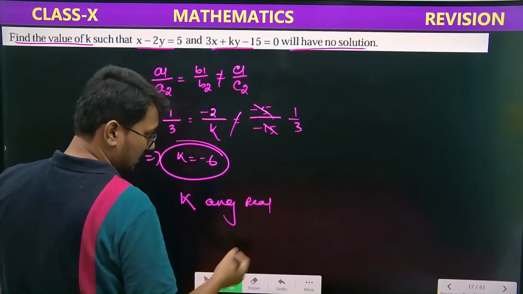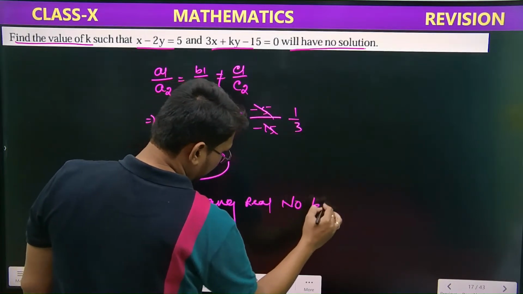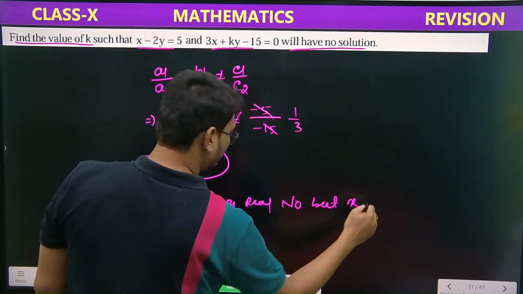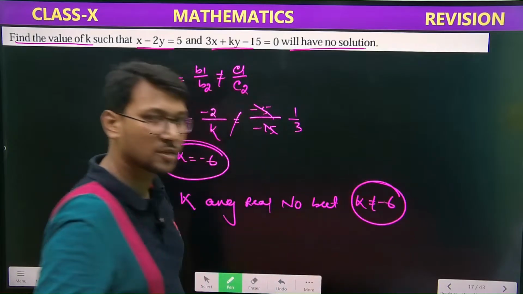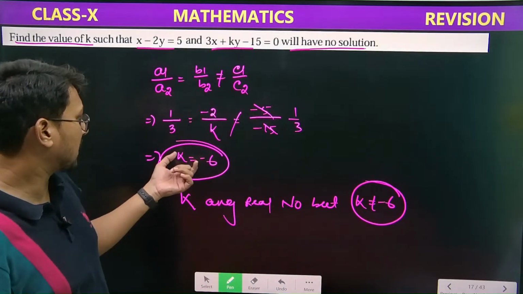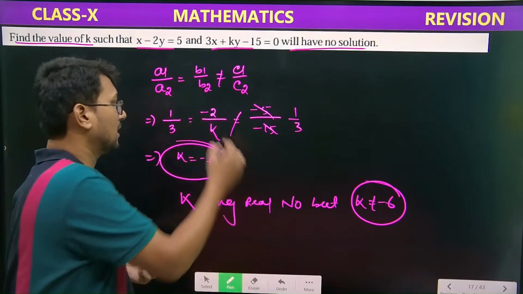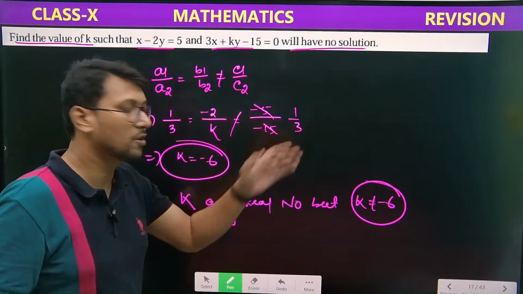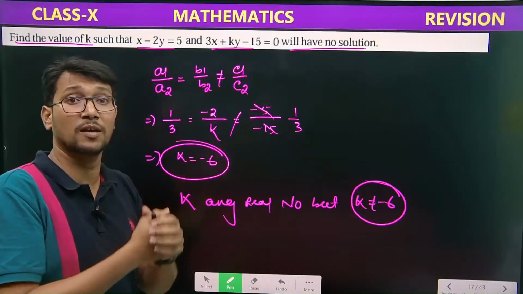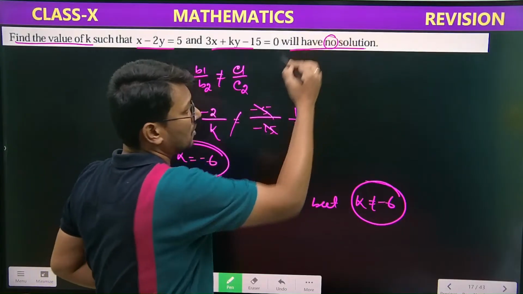other than -6. Any real number, but k should not equal -6. Keep this in your mind. Why? Because if we put -6, we get the same ratio 1 by 3 everywhere, so all three ratios become equal, and then you'll get infinite solutions. But the question is asking for no solution.